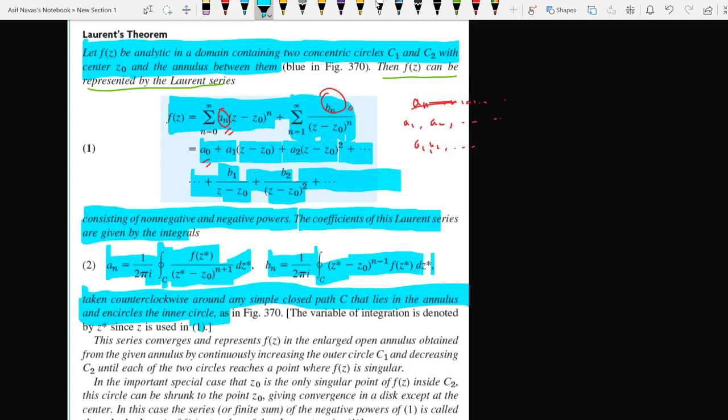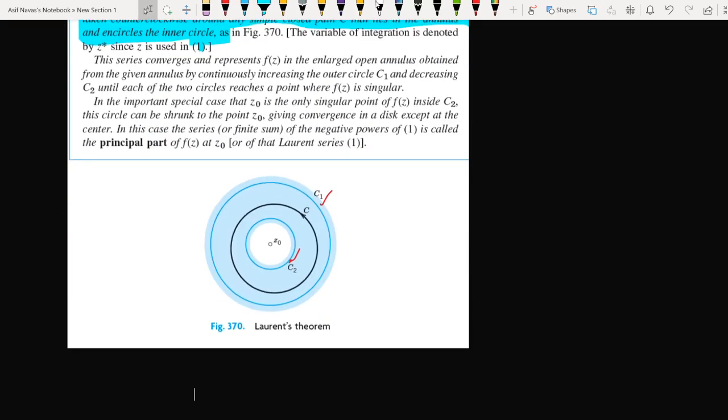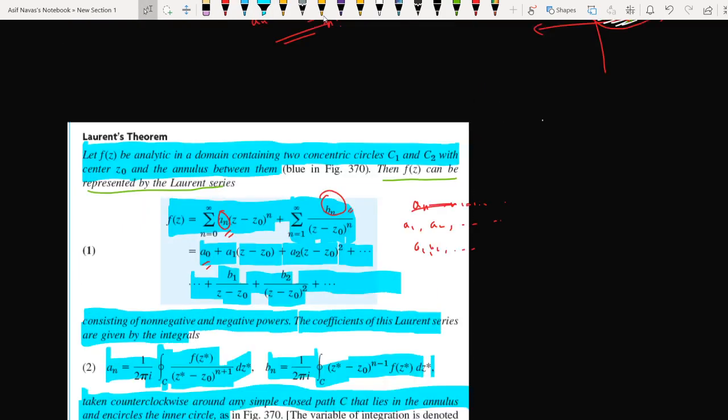Okay, so this is our simple closed curve.